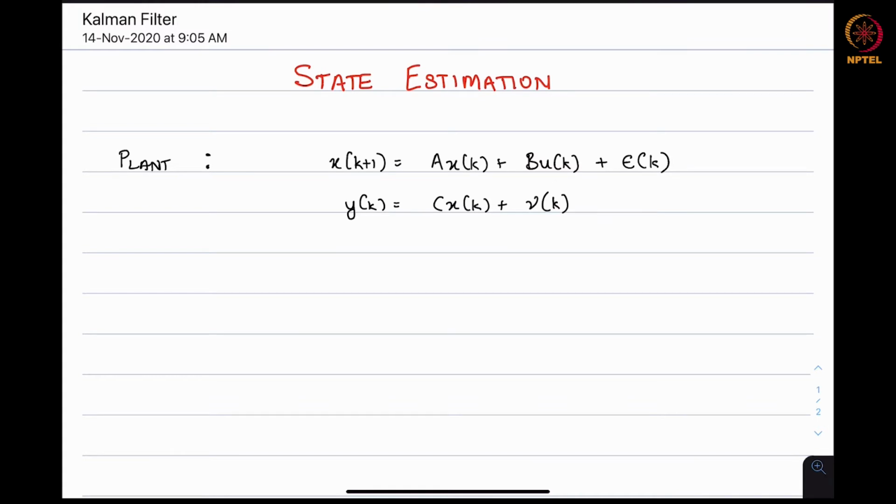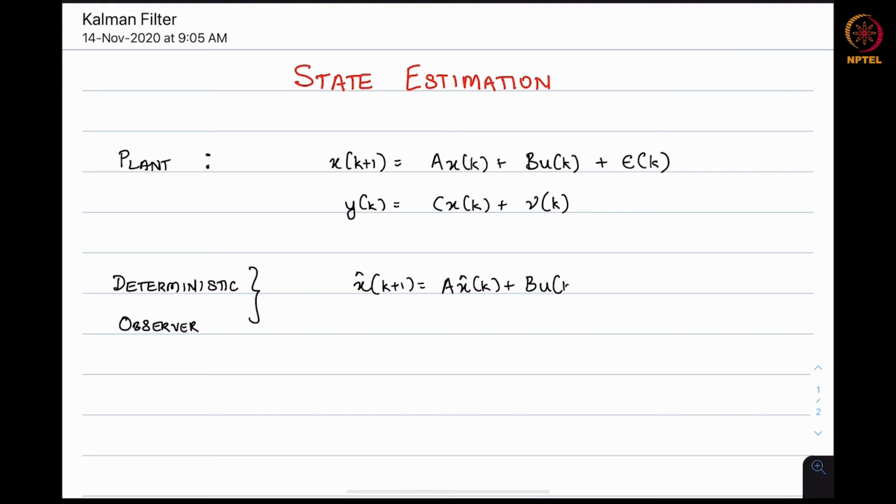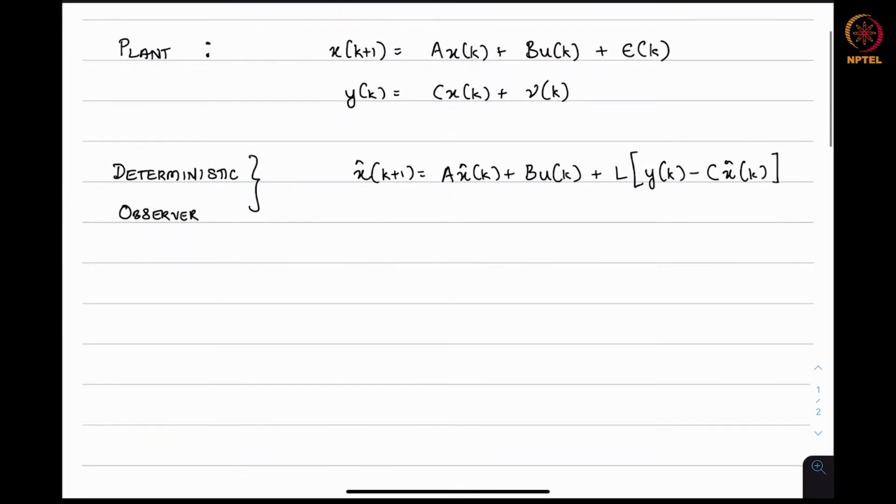We have done the deterministic observer earlier, and the deterministic observer is going to be x hat k plus 1 equal to a x hat k plus b u k. This is just an open loop prediction equation, plus y k minus c x hat k. This is the deterministic observer. What we are going to talk about is a stochastic observer.